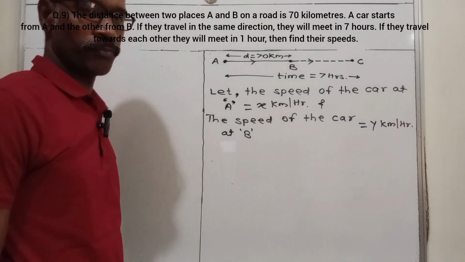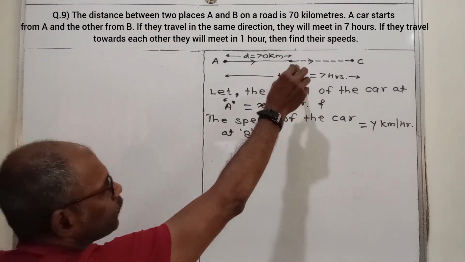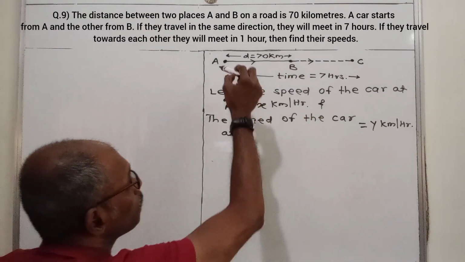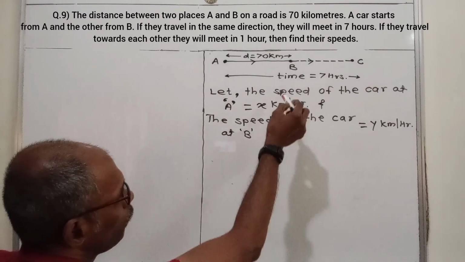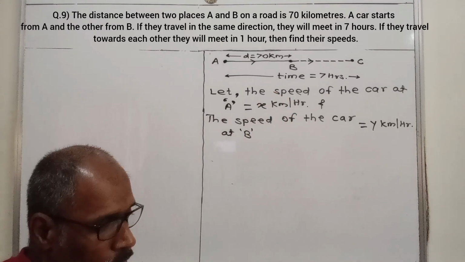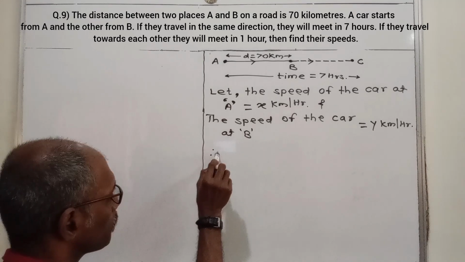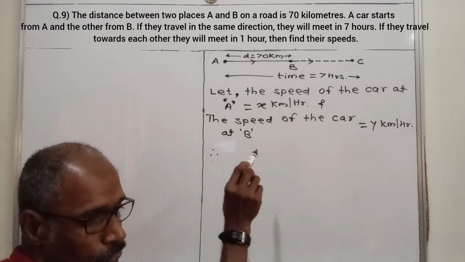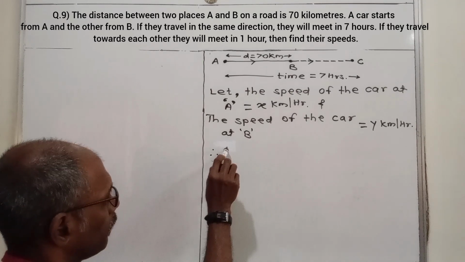Did you get it? Now, we know the time taken by both the cars and we know the speeds of both the cars. From this, we write a general formula from physics.